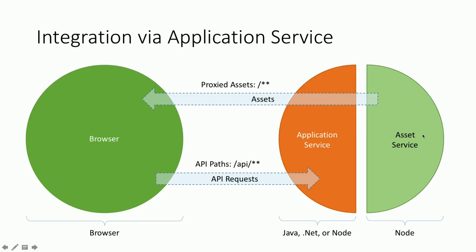You have your, I meant to call this front-end service, but asset service, which serves up the assets. So you've got two separate processes. Your application service could be Java, .NET, or Node. Your front-end service or your asset service is typically just Node. I can't think of any reason why it wouldn't be Node.